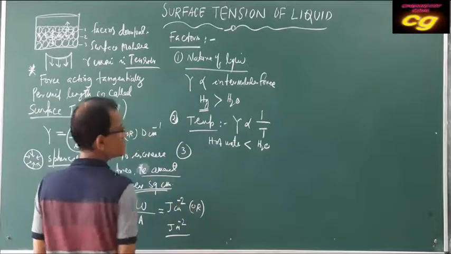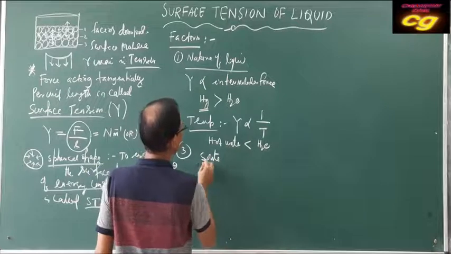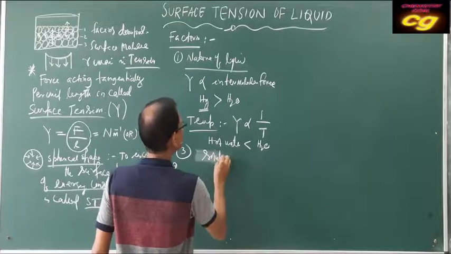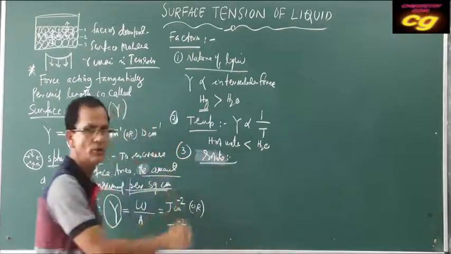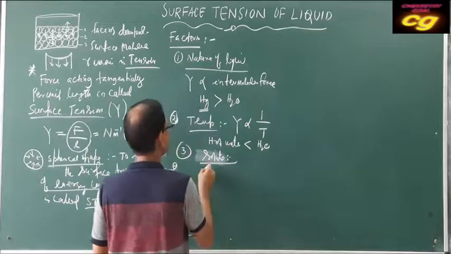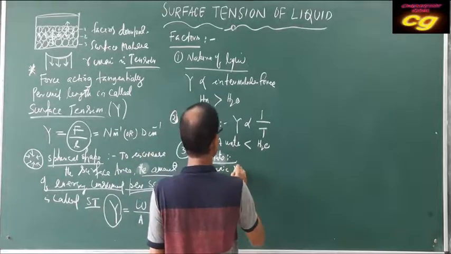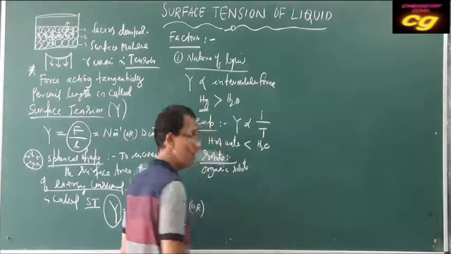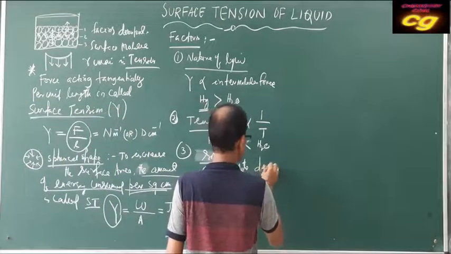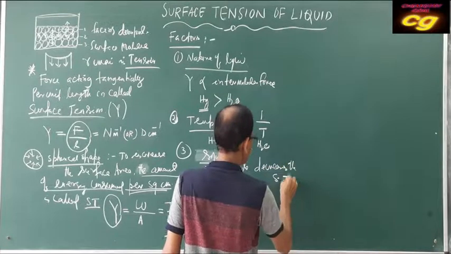Another thing is solute. When you add a solute to a particular solvent, suppose an organic solute. Organic means covalent nature. Organic solute decreases the surface tension.